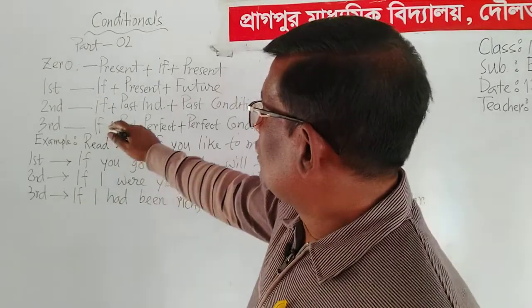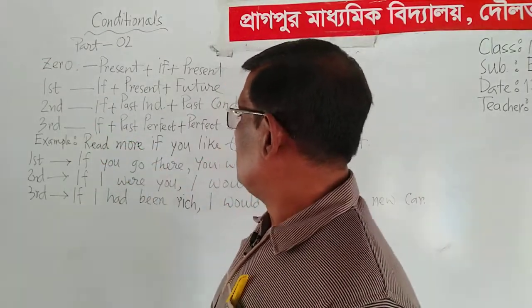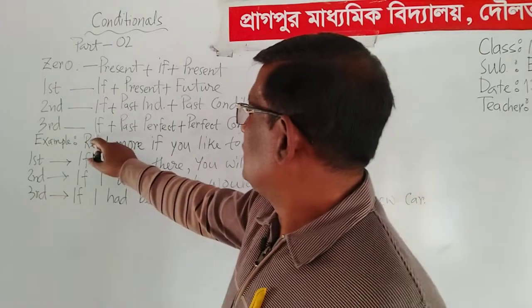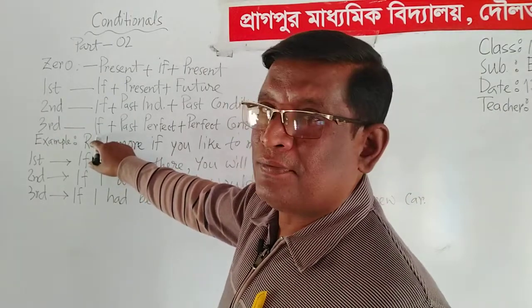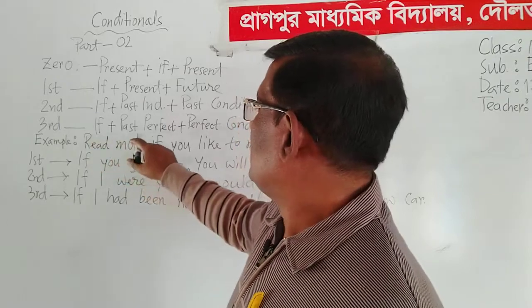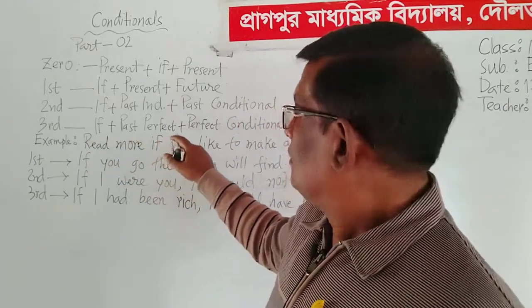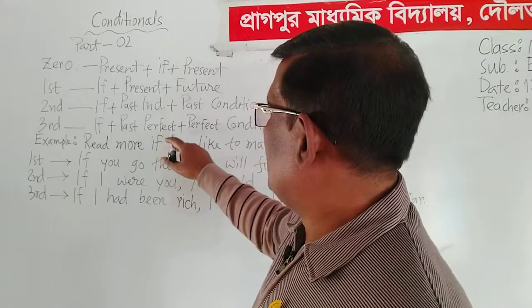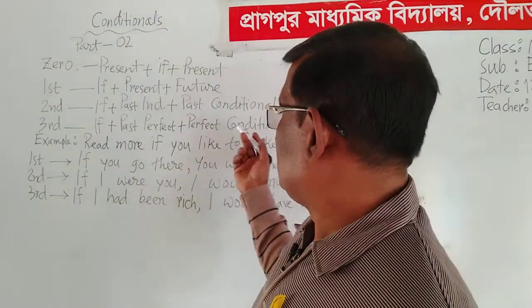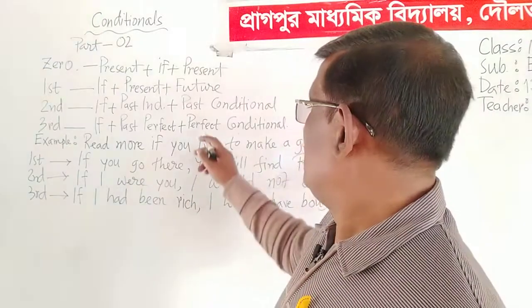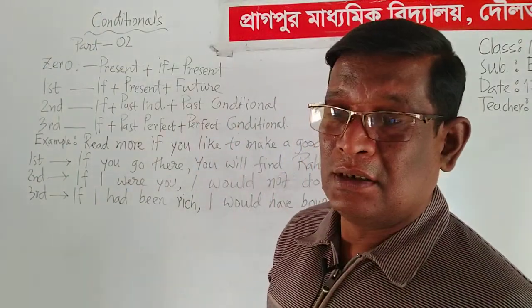Now I am going to tell about the third conditional. The structure of the third conditional is, in this situation there will be a linker, firstly if, and secondly the sentence will have to be in the past perfect mood, and the next clause should be the perfect conditional.